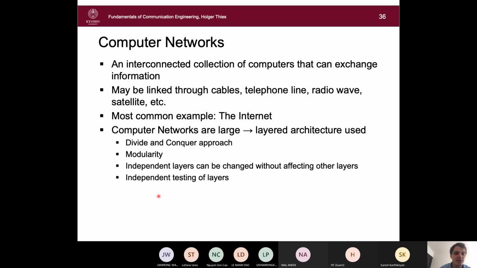And then we also have some kind of modularity, so we can exchange layers in such an architecture without changing others. And we can also independently test different layers of this network. So this is why in large networks, for which computer networks are the prime example, layered architecture becomes very important.